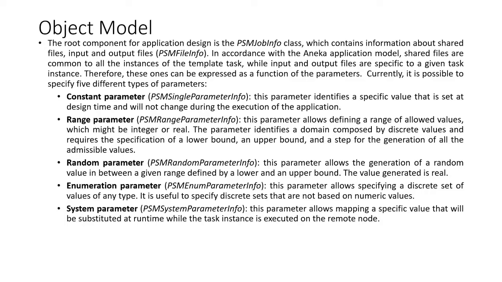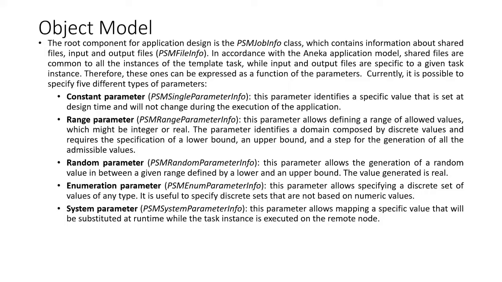Random parameter allows the generation of a random value in between a given range defined by a lower and upper bound. The value generated is real. Enumeration parameter allows specifying a discrete set of values of any type.